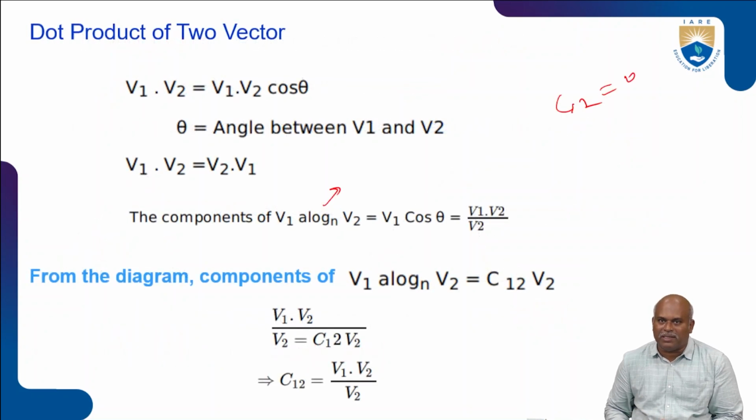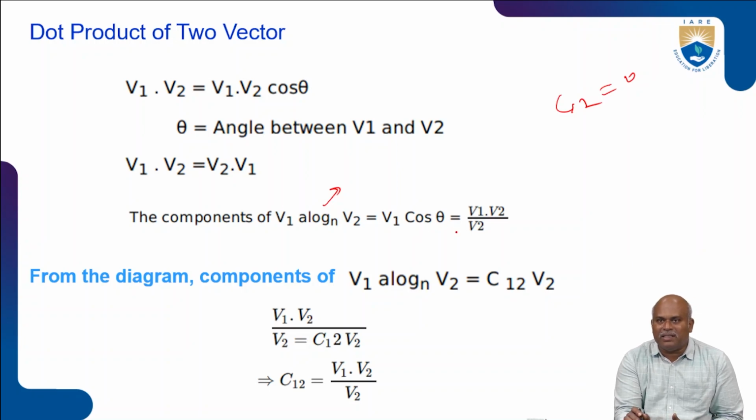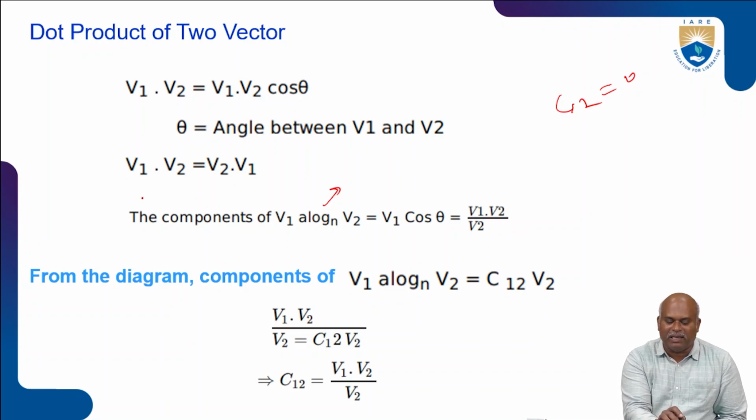Okay, theta value is minimum, and that we call the component of V1 along V2, represented as V1 cos theta. Because the theta value is minimum, that value is equal to V1 V2 divided by V2, which we may represent from this equation.